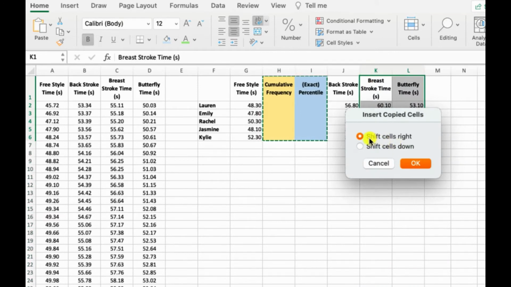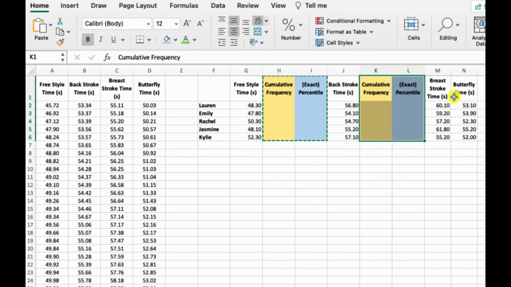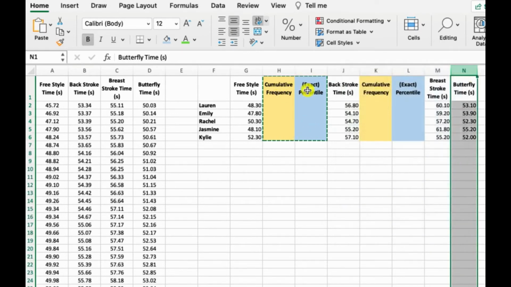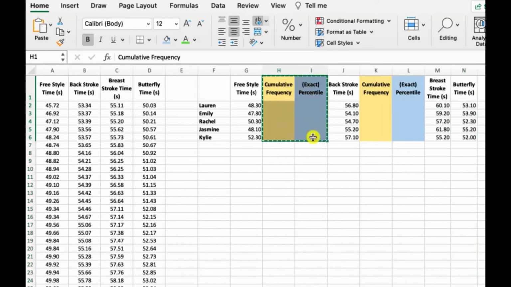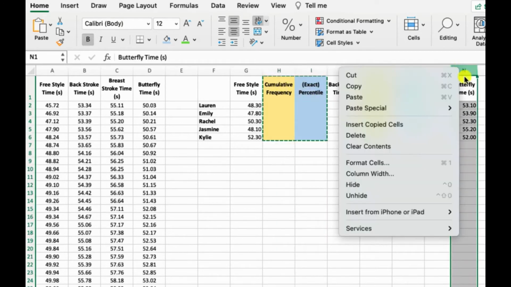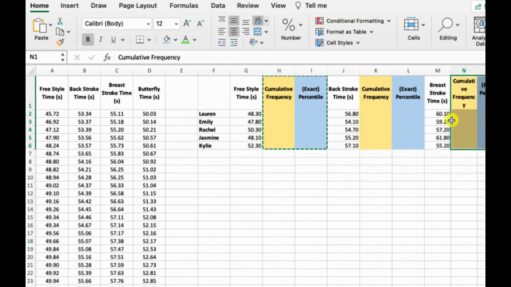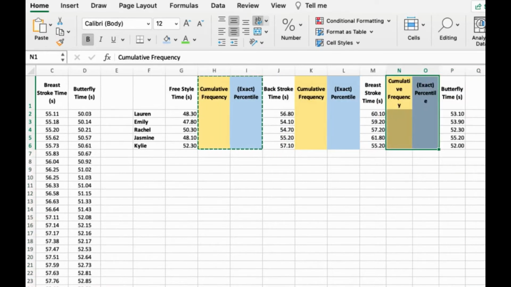We'll then get an option to shift the cells to the right or down. I want to shift my cells to the right. And then I think we have to do this process again. So copy, insert copied cells, and we can continue to do this over here.